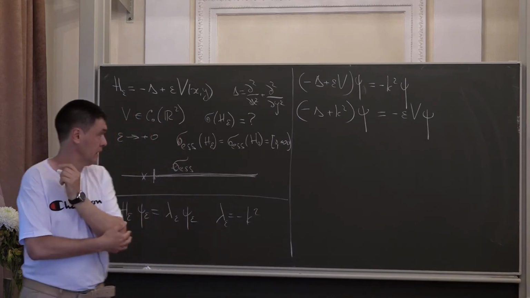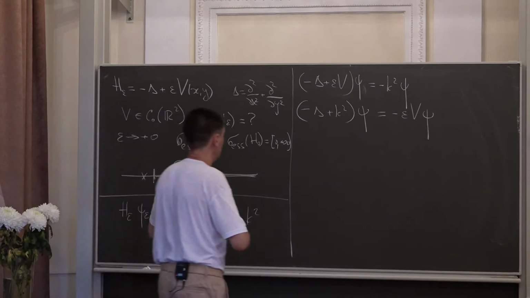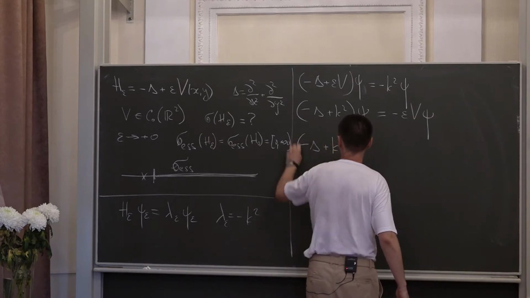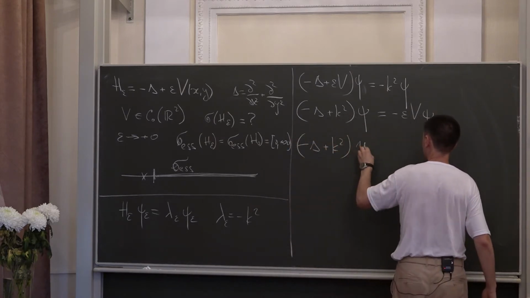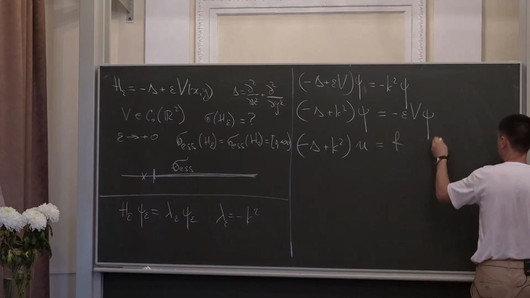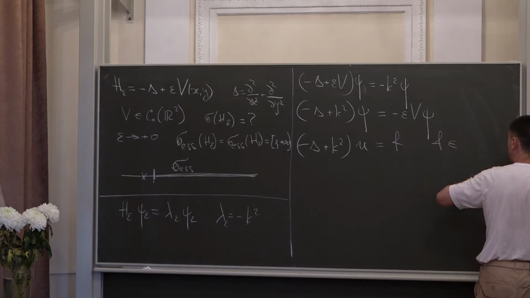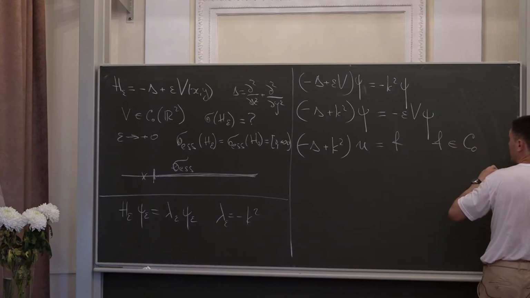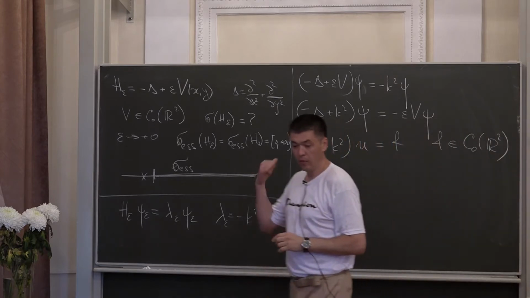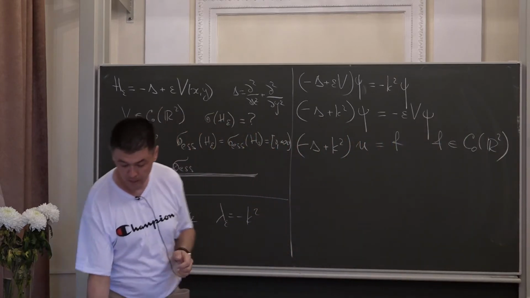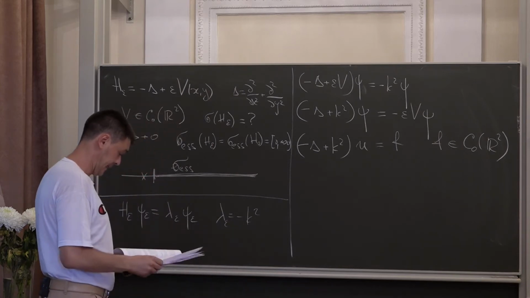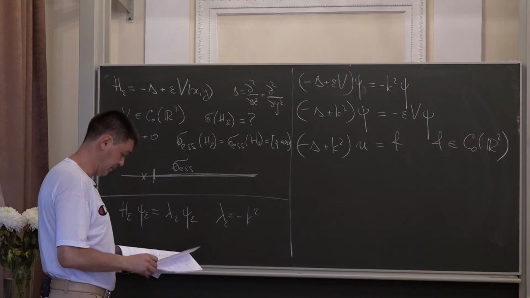Then the next step is, of course, to consider the equation for the resolvent of the unperturbed operator, and assume that F has a compact support on R2. Of course, this equation can be solved explicitly, just because it's very simple.